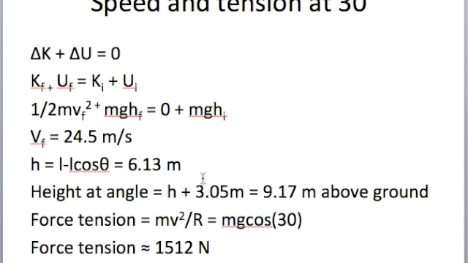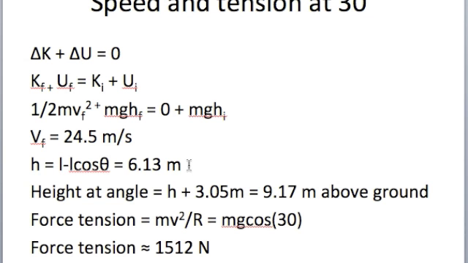So we know that they missed the ground by about 10 feet, which is about 3 meters. So we can say that the height at 30 degrees is going to be the height at which we started plus 3 meters. Thus we can say H equals L minus L cosine theta, and we found the height to be 6.13 meters.